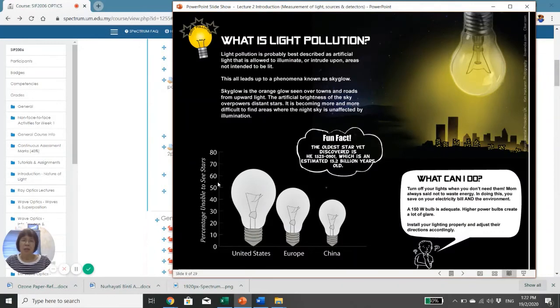Now, what is light pollution? Light pollution actually brings about a lot of problems. Yes, at night we want to work more, we need more time to work, so we have artificial light. But this has brought on a number of problems because in order to light up the night, we have to use energy.